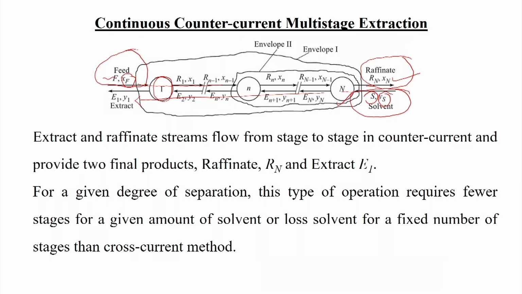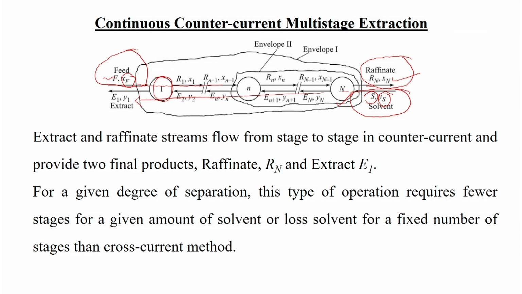The extract and raffinate streams flow from stage to stage in countercurrent mode and provide two final products: the raffinate exiting from the final stage of the extraction unit, and the extract coming from the first stage.